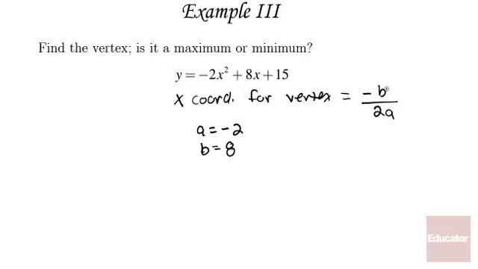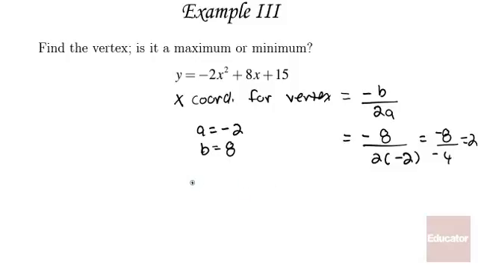So it's just a matter of substituting in. So then I'm going to get negative 8 over 2 times negative 2, which equals negative 8 over negative 4, and that's 2. That gave me my x value.